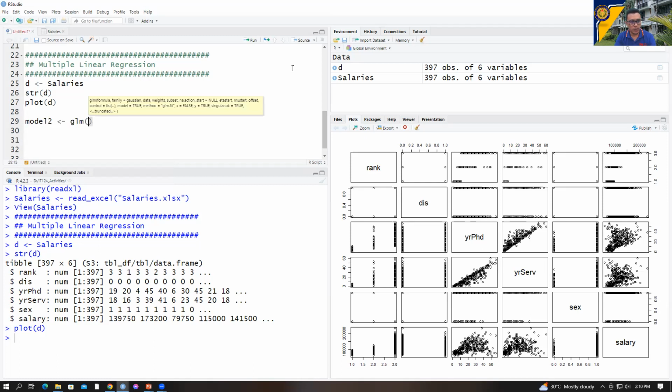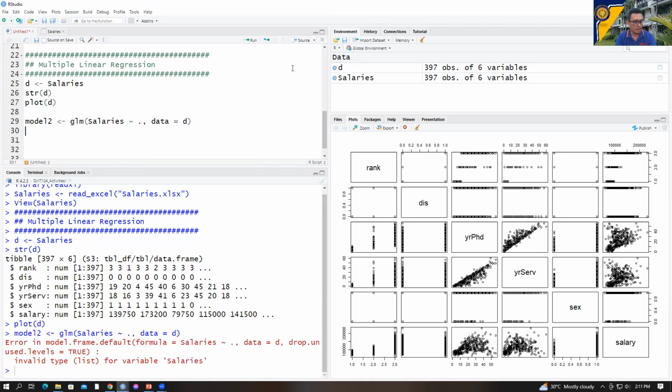So we are going to use salary as our target variable, and it will use all of the variables. So we just use a period instead of writing everything. Oh, I'm sorry, it's not capital S.